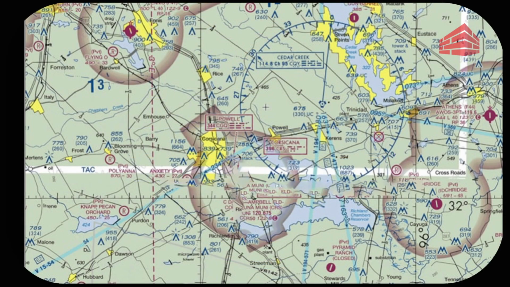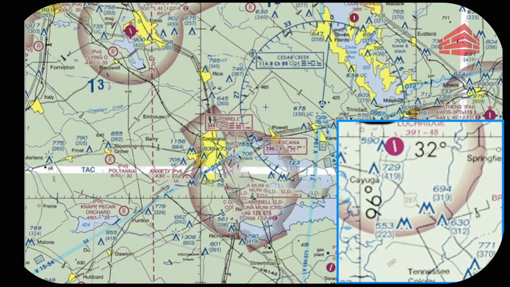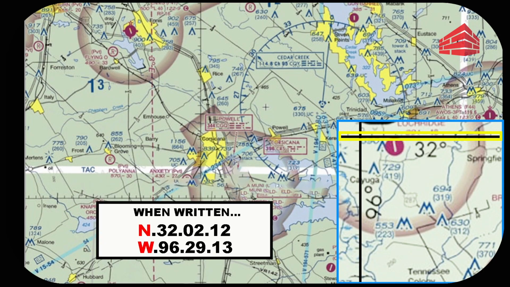On your sectional map, you will see something like this. As we zoom in, you will notice a horizontal highlighted line on the map. This line is marked as 32 degrees of latitude. The vertical line that intersects the highlighted one is a line of longitude, and it is marked as 96 degrees longitude.